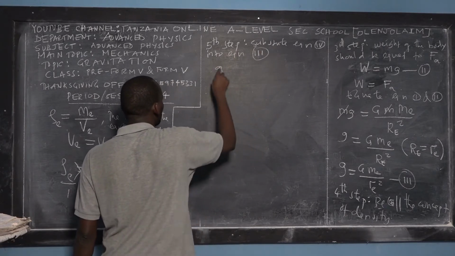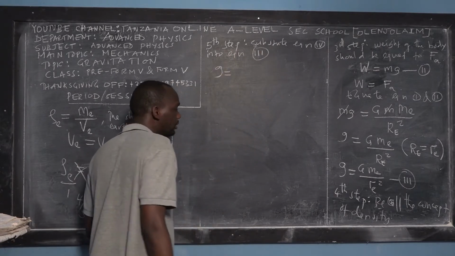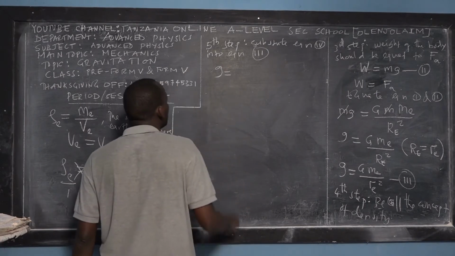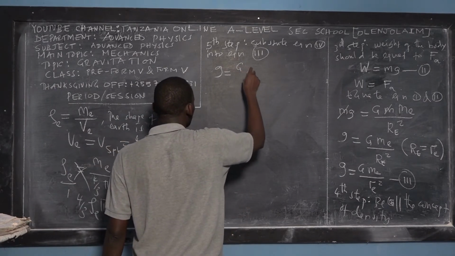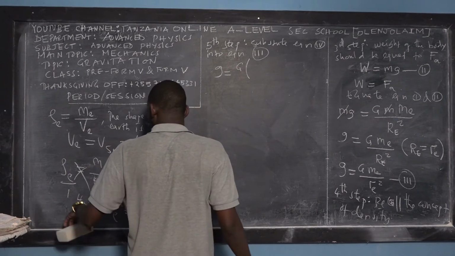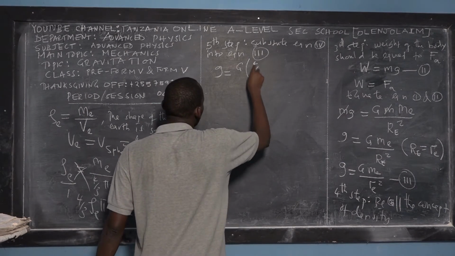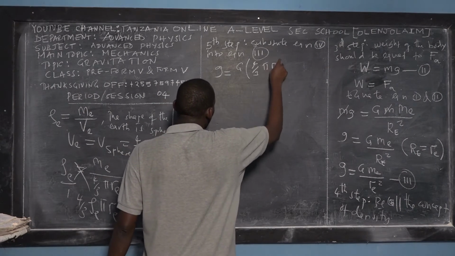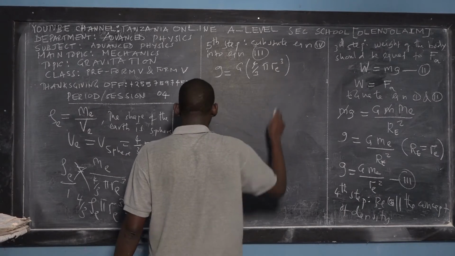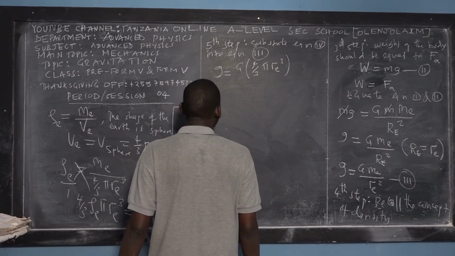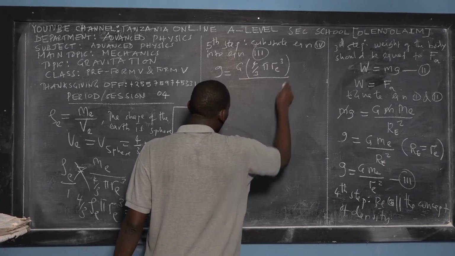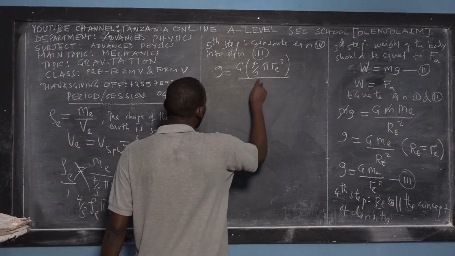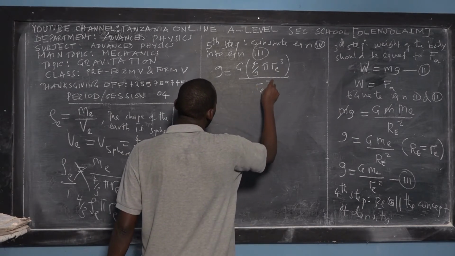So what do you get? You say the acceleration due to gravity g on the S surface is equal to the gravitational constant. Instead of the mass of the S, we substitute this 4 over 3 pi radius of the S cubed. And then divided by what? Divided by the radius of the S squared.